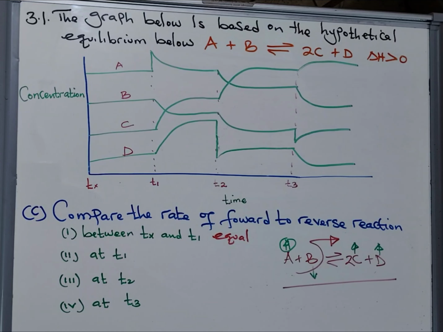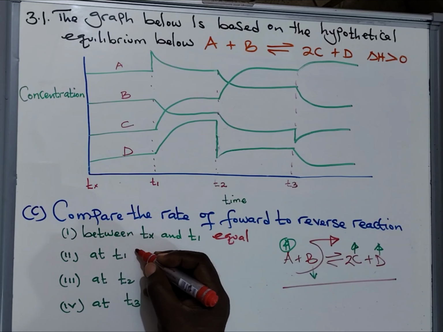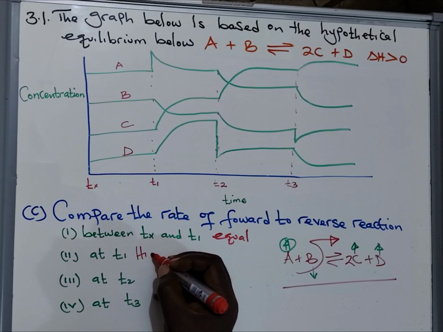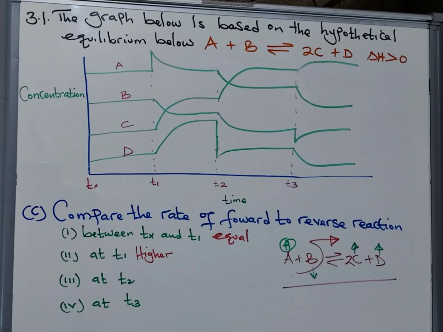For a reaction which is forward favored, it means that the rate of forward is higher than the rate of the reverse. So we are comparing forward to reverse. Answer is going to be higher, implying that rate of forward is higher than the rate of the reverse.